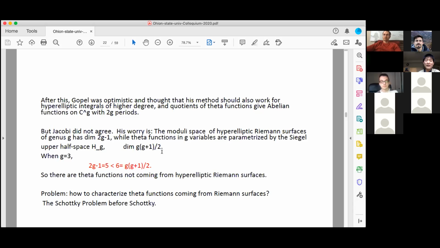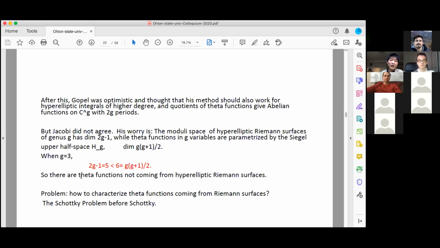His reason is this: the moduli space of hyperelliptic Riemann surfaces of genus G has dimension 2G minus 1, while the theta functions in G variables are parameterized by the Siegel upper half space HG, because it's positive definite matrices. You see, when G equals 3, 2G minus 1 equals 5, less than 6, which is G times G plus 1 over 2.